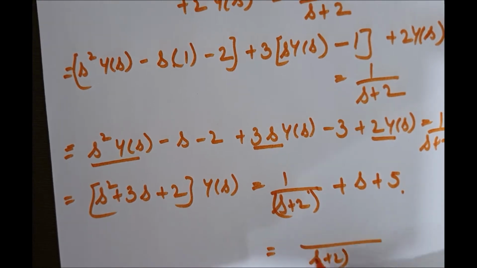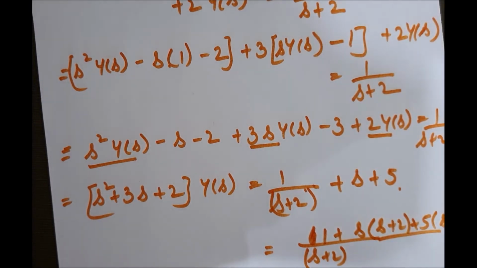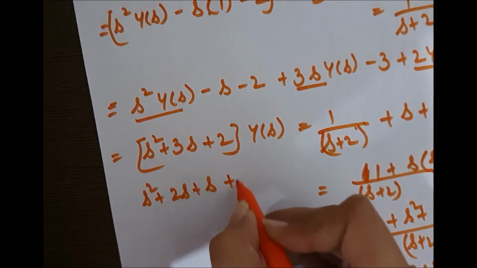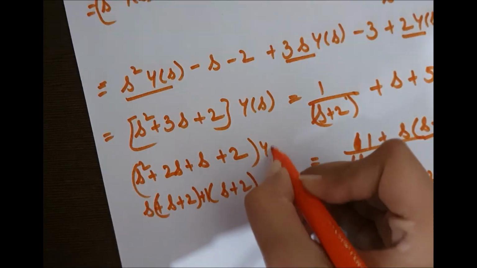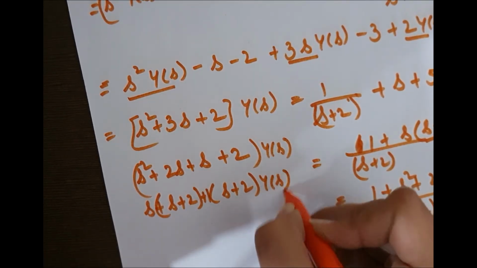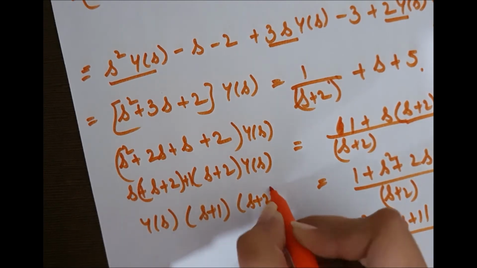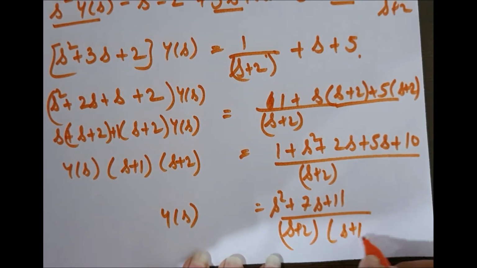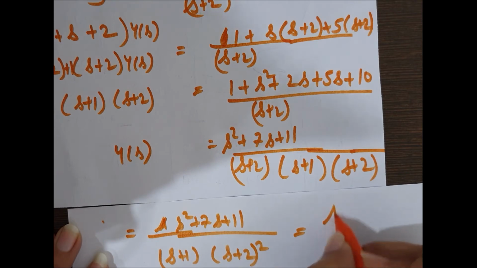Now solve this. So answer will be Y(s) over s plus 1 into s plus 2. Now solve it using partial fractions.